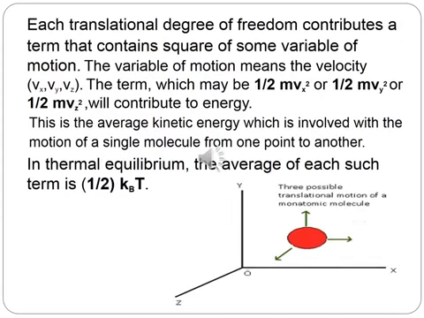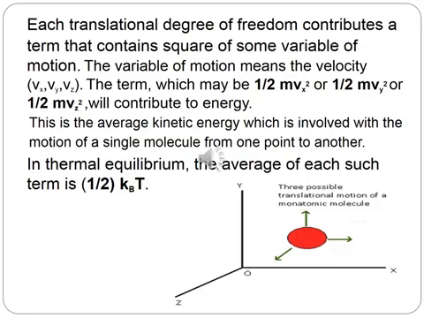Each translational degree of freedom contributes a term that contains the square of some variable of this motion. This variable is the velocity. This velocity may be either Vx or Vy or Vz.